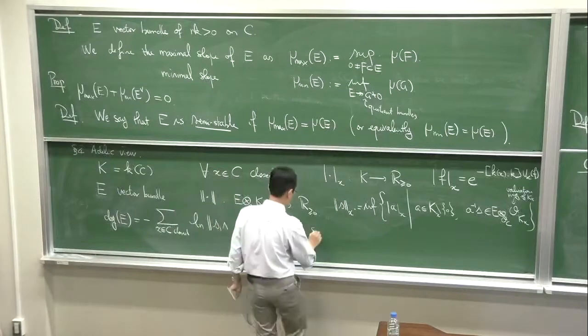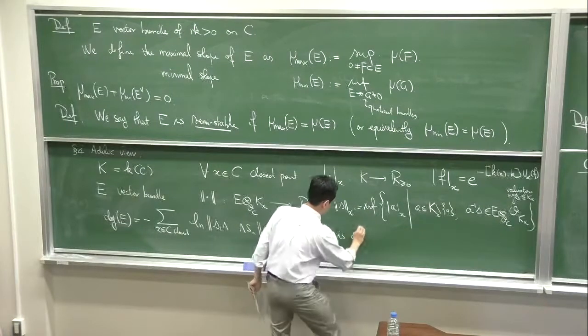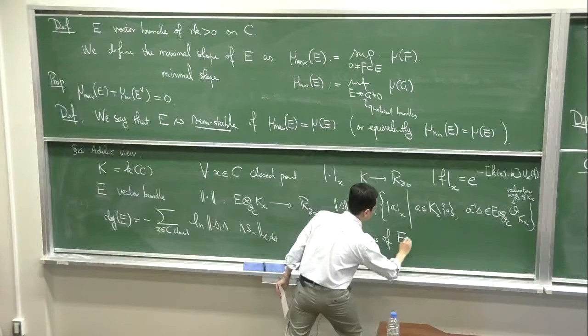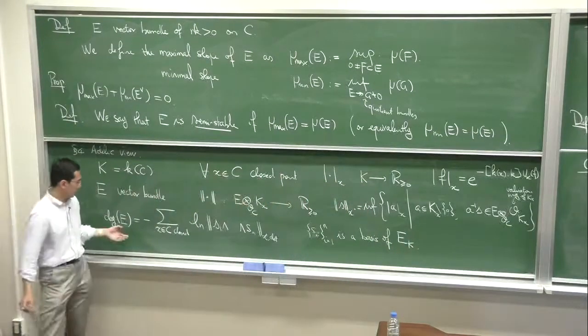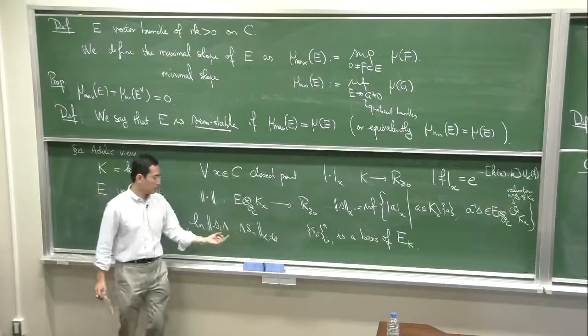So here the S_i form a basis of E_K. So if you have a basis of E_K, you can recompute the Arakelov degree like this.